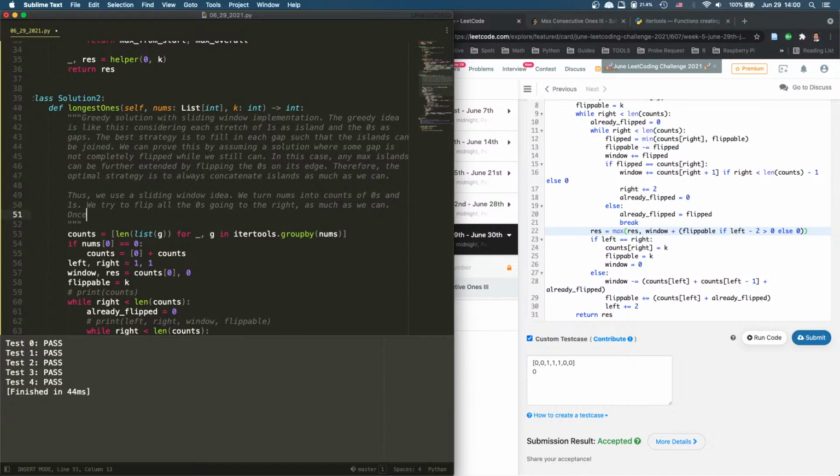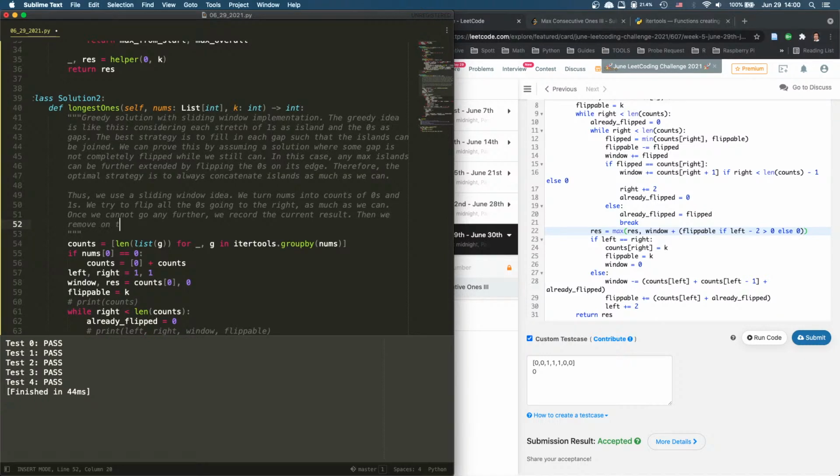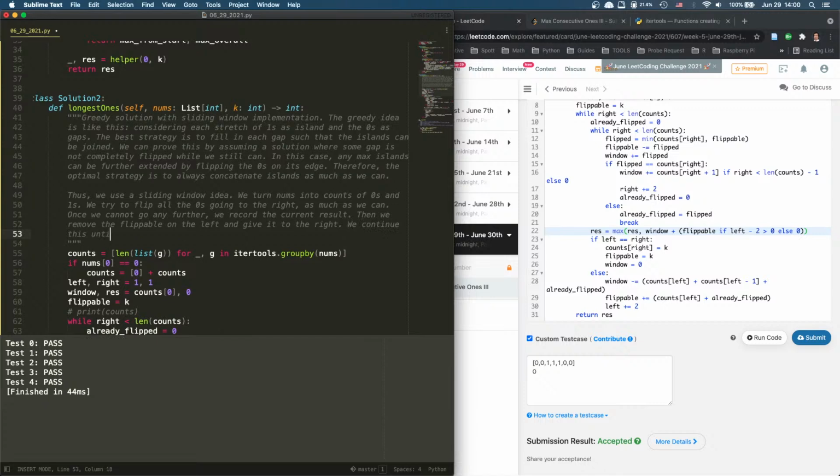Once we cannot go any further, we record the current result. Then we remove the flippable on the left and give it to the right. So continue this until the entire list is covered.